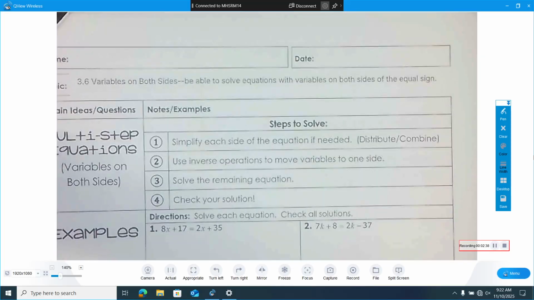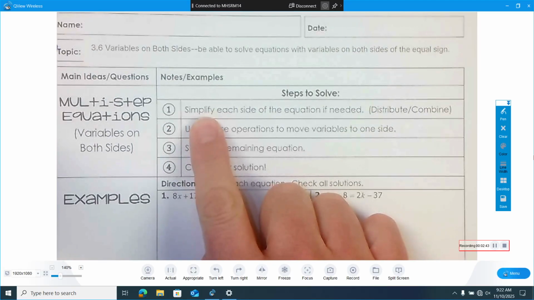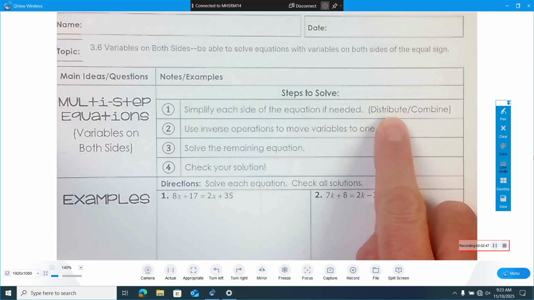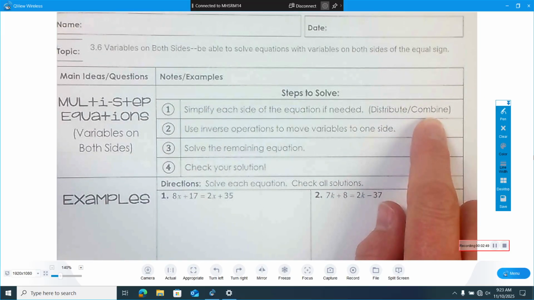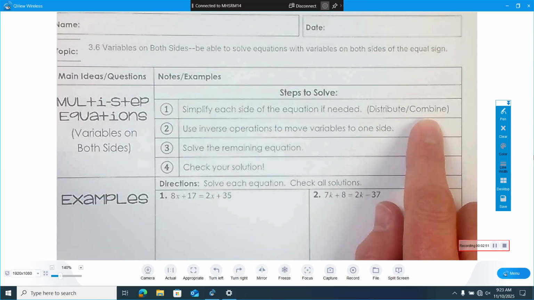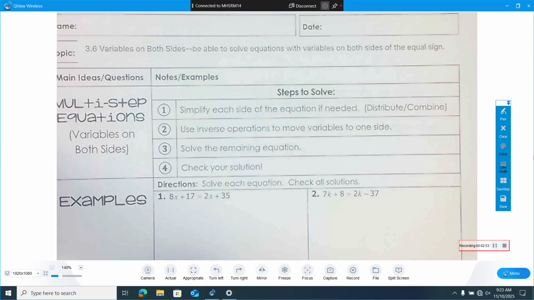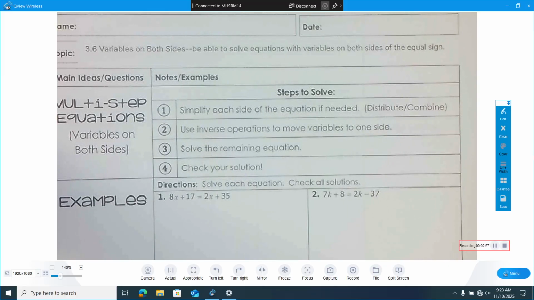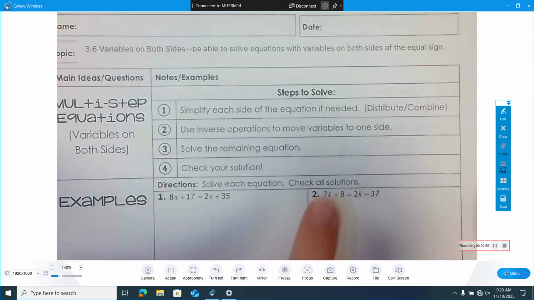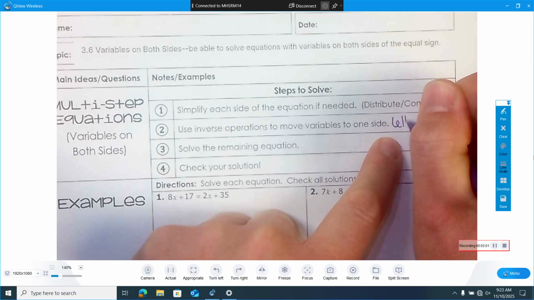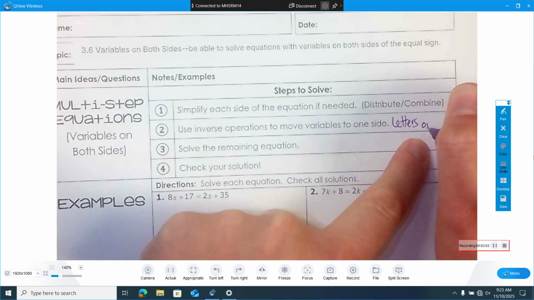So with multi-step equations, we might have some simplifying we need to do. You'll have to ask yourself, do we need to distribute? Do we need to combine like terms? And then we will get the variables on one side. I have a phrase for everything: letters on the left. Letters on the left.